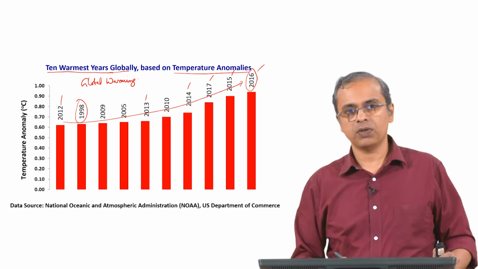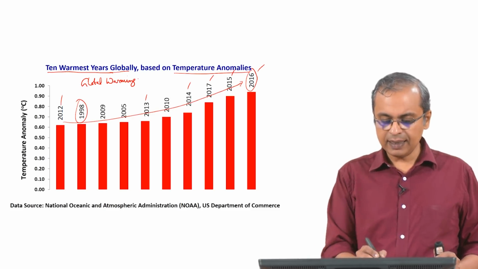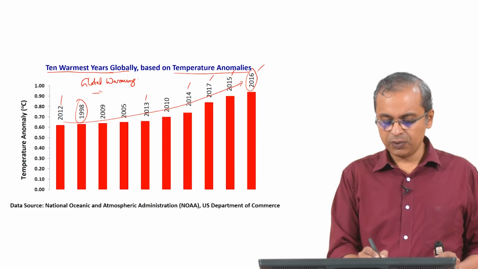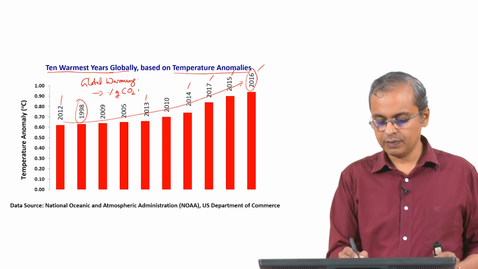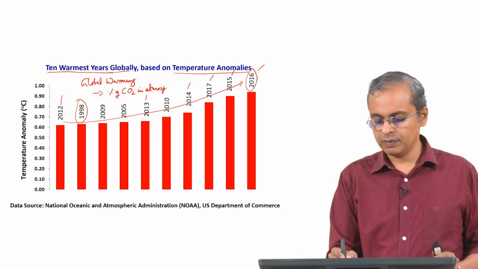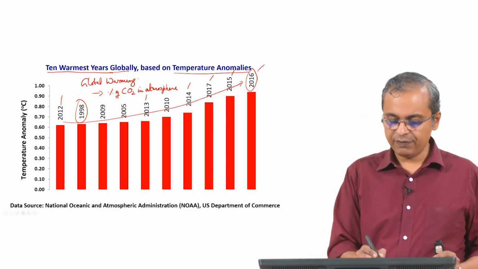Okay, so global warming is what these two pieces of data are indicating, and this is intricately related to the percentage of CO2 present, which is related to the way in which we use our energy.